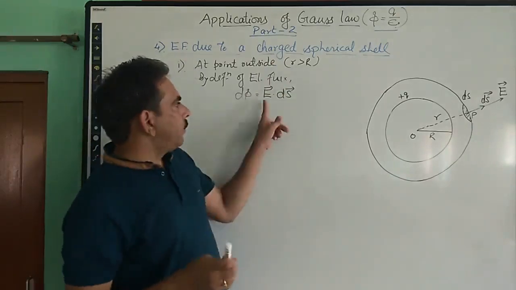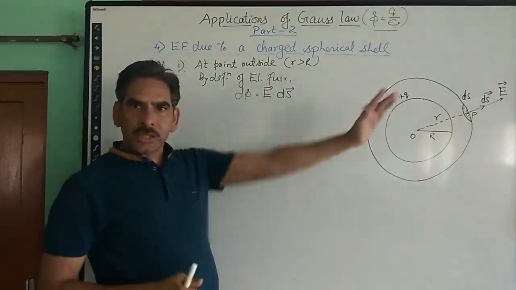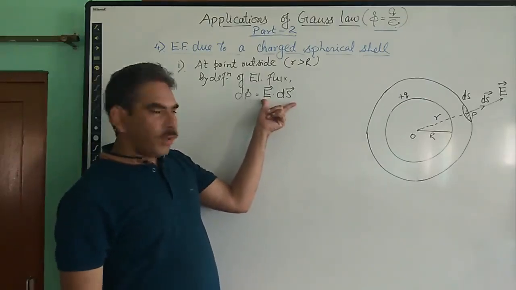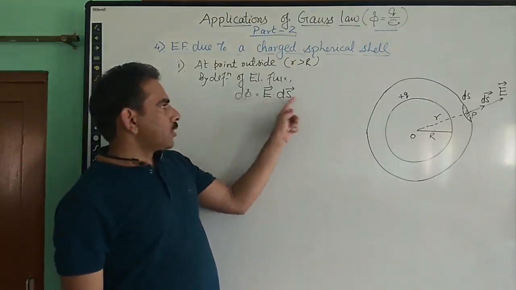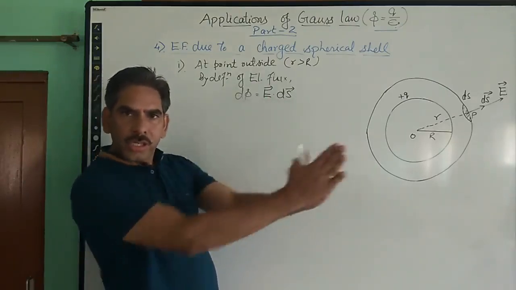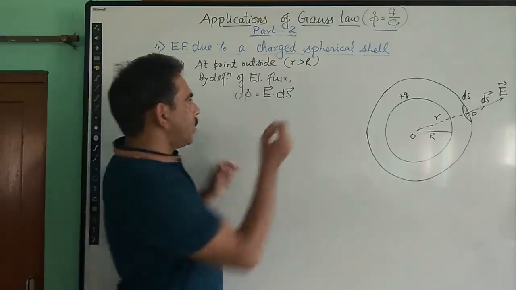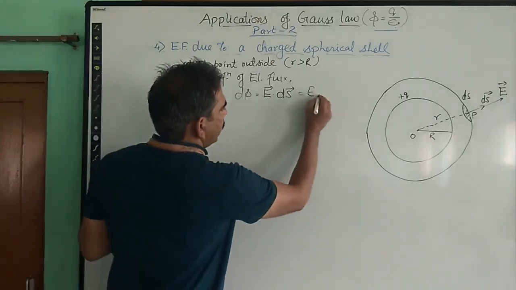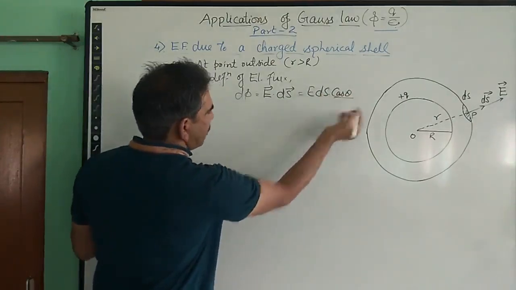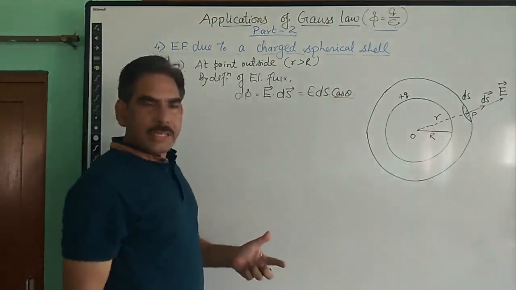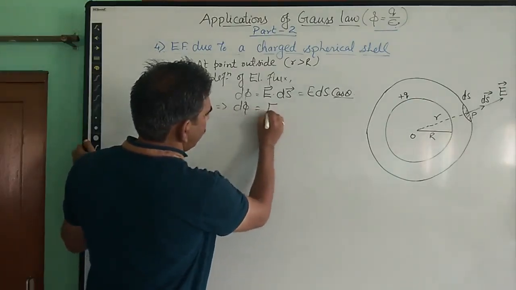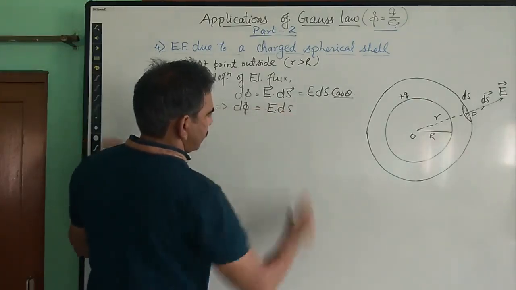Now because the electric field as well as the area vector are along the same direction, the magnitude of this quantity reduces to E dS cos theta, where the angle is 0 between the two because both are along the same direction. So cos theta is cos 0, and this means the small electric flux is given by E dS.